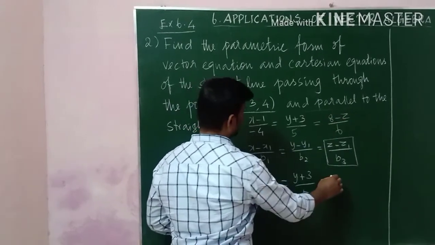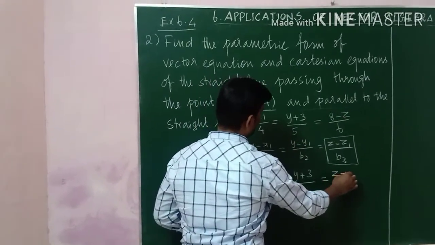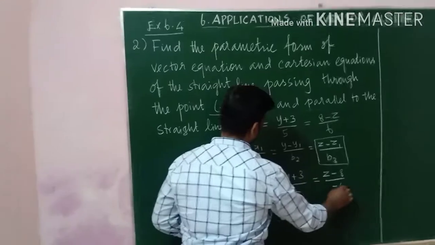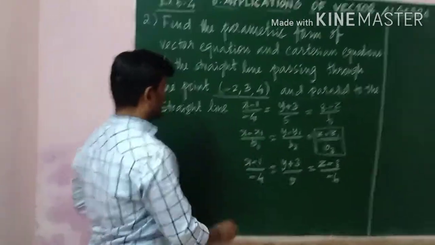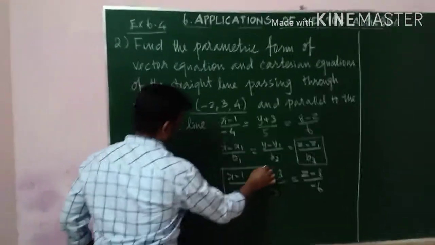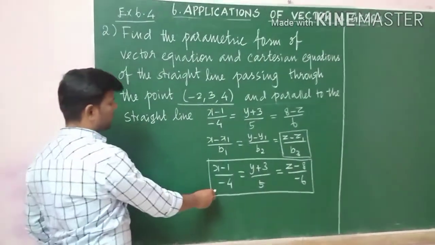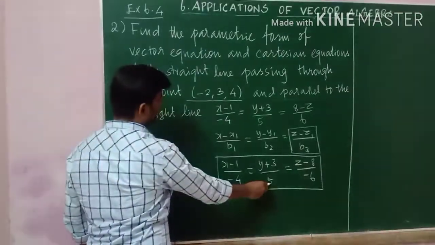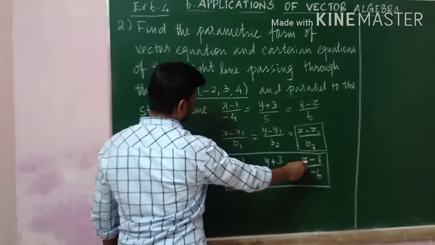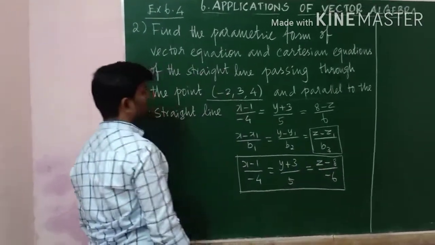If you multiply by minus 1, we get z minus 8 by minus 6. So now the equation is in the form x minus 1 by minus 4, y plus 3 by 5 is equal to z minus 8 by minus 6.